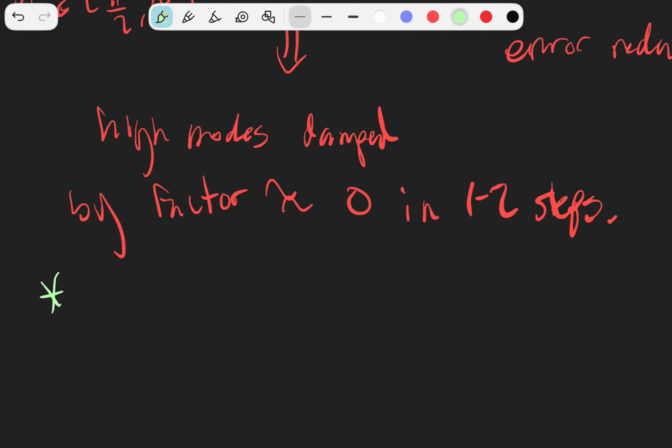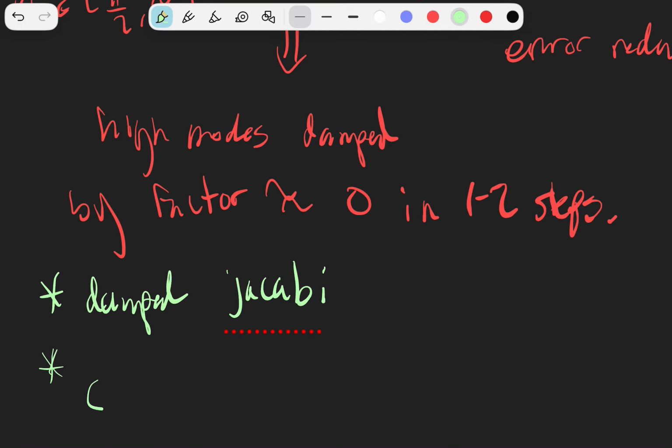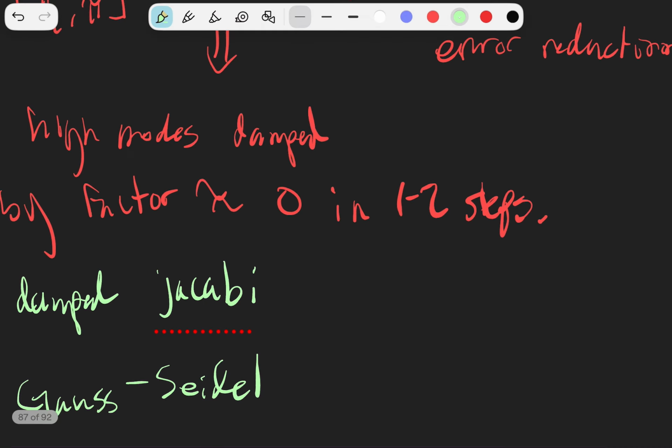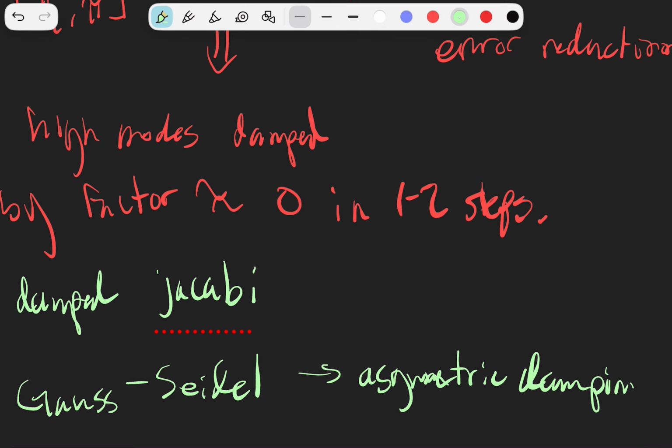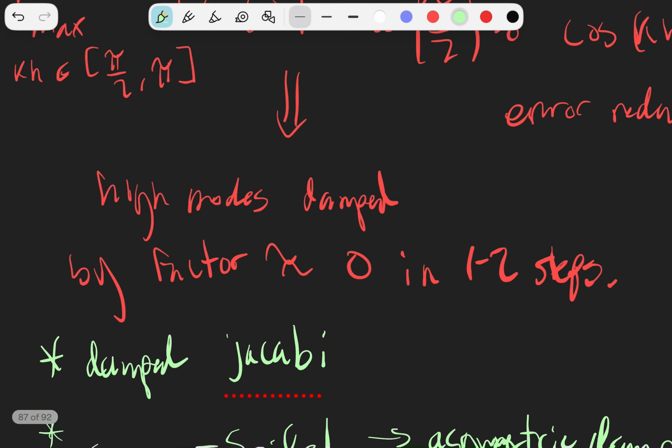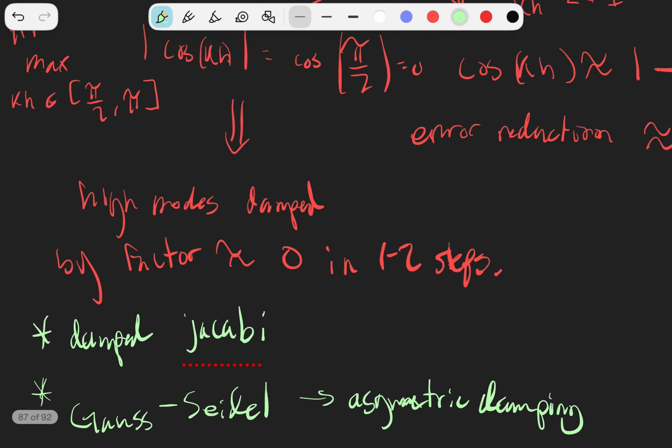You can look these up, but there's damped Jacobi. There's also another one that's really interesting. It's called the Gauss-Seidel, and this is like more of an asymmetric damping. All right, but the principle will hold, 1 to 3 relaxation steps.